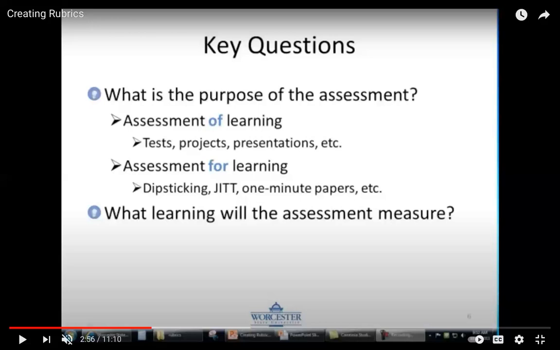And assessment of learning is when you want to determine if learning has occurred in class, no? To determine whether the learning has happened or not, right? And there's also a third type of assessment that some authors call assessment as learning.